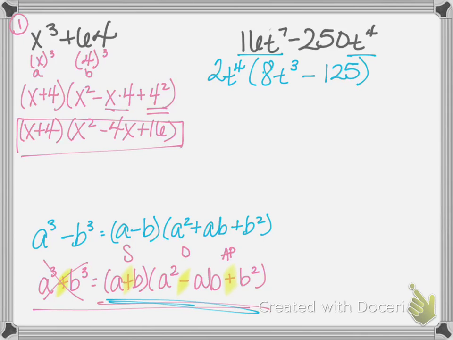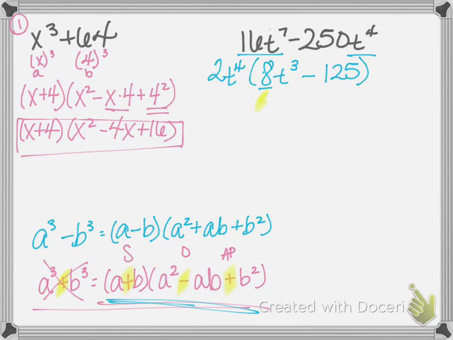So I need to figure out what my a and b is. I need to look at the 8 this time. In the previous example, it was just x, so I just had to worry about that. But now it's a number and a variable. So I need to go to my calculator and figure out what that is. I can try 1 times 1 times 1, which is just 1. So let's try 2. 2 times 2 times 2 gives me 8. Perfect.